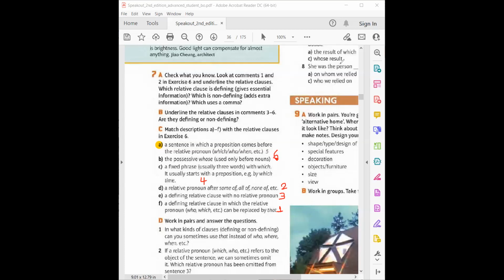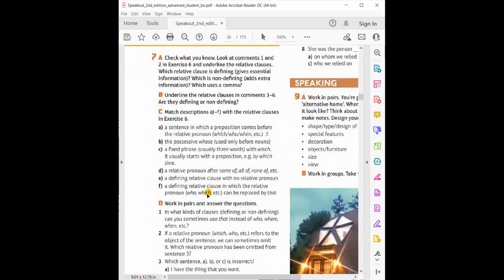Yes. Like how in letter E, a defining relative clause with no relative pronoun is 3. Like where is, I think. Let's go to the language bank and explain all of them, then you will get it, okay? Okay. All right, let's go to the language bank now.